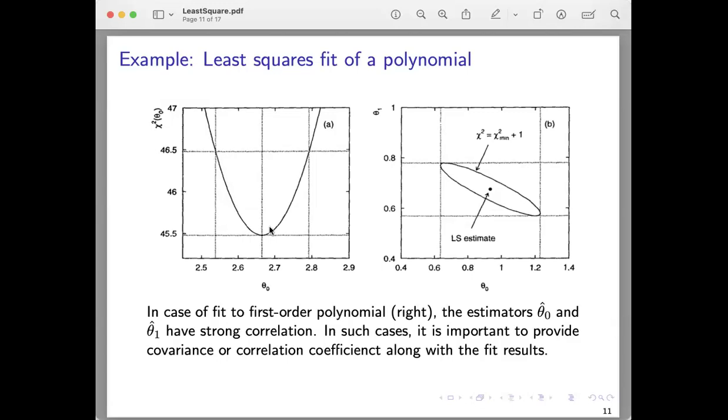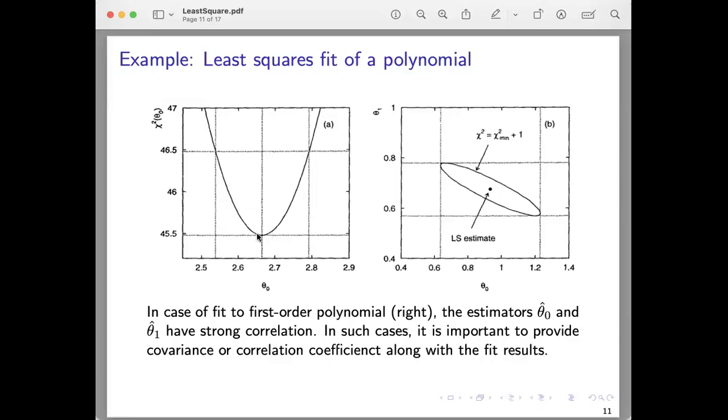When you change the value of this parameter, the point where the chi-square becomes 1 higher than the chi-square minimum corresponds to the 1 sigma or 1 standard deviation.